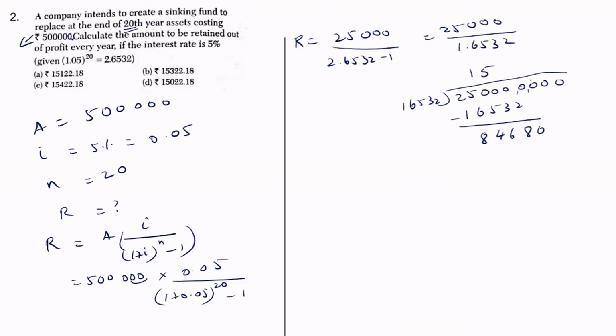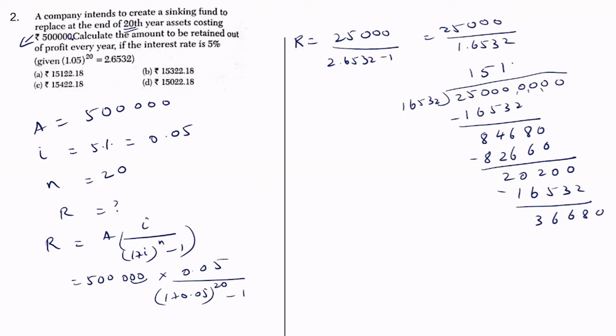So let us try 5. So this when we subtract, let us bring the next 0. Again we cannot have 2, 16 2s are 32. So let us have 1. So if we bring the next 0 here, we can have 2.